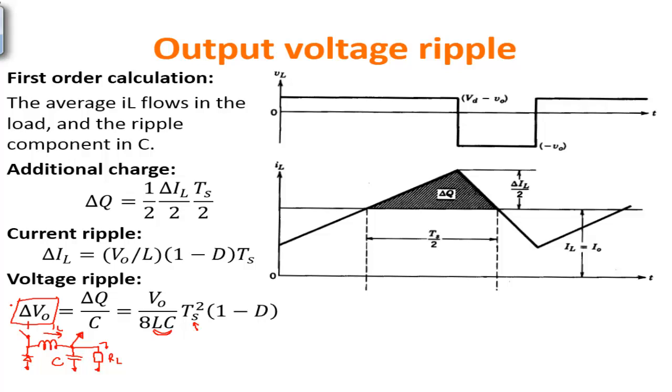So it's delta Q over the capacitance, and so by substituting everything we can essentially get 2 times 2 times 2 becomes this 8, C stays C, and delta IL gives us VO over L times Ts, which becomes squared because it's multiplied also by this Ts, times (1 minus D).